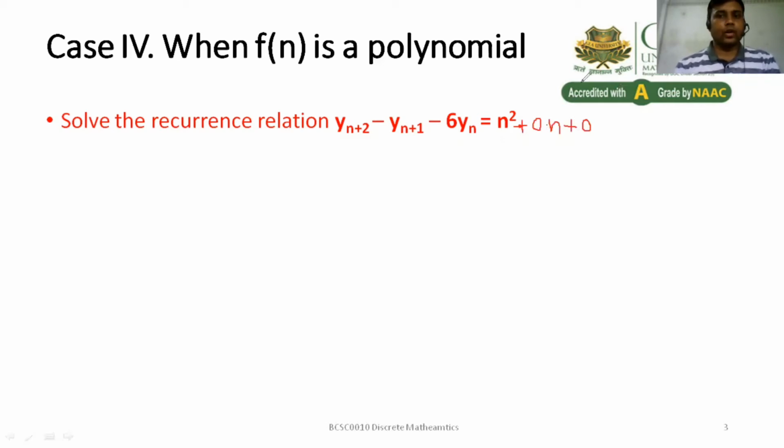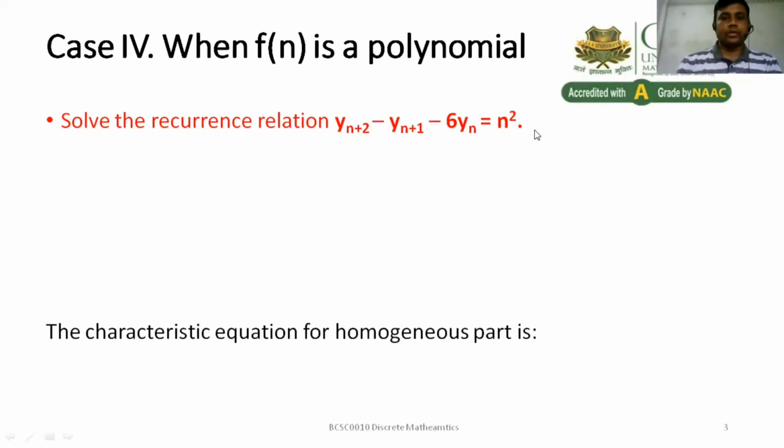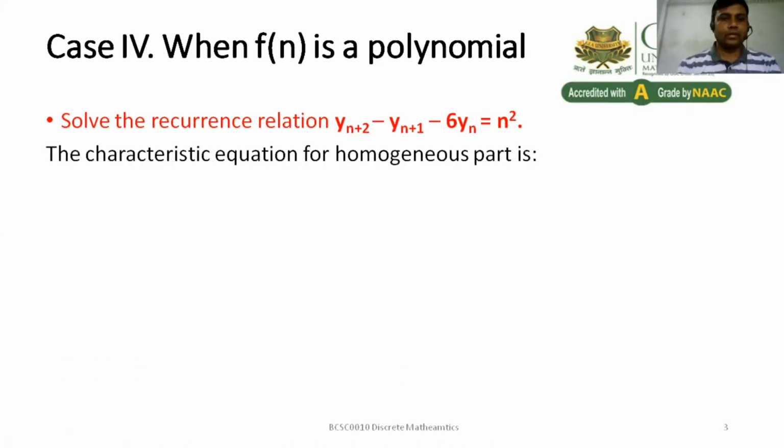As I have told you, in order to solve any non-homogeneous recurrence relation, the first thing we have to do is find its homogeneous solution. So let us do this here. First we write its characteristic equation, which is r square minus r minus 6 equals 0.